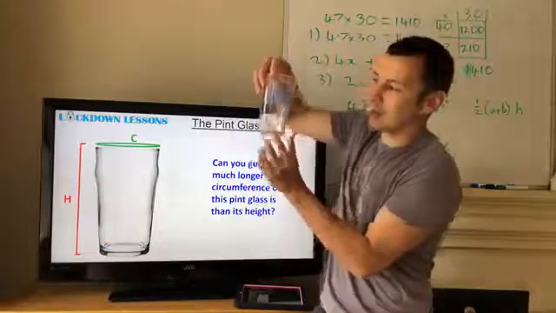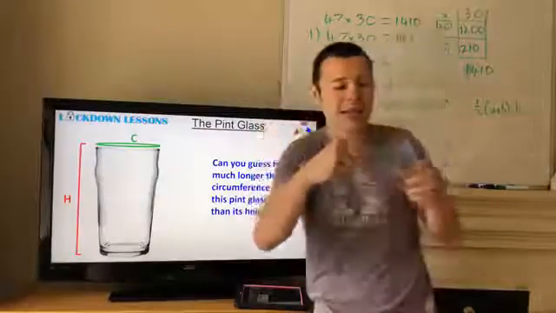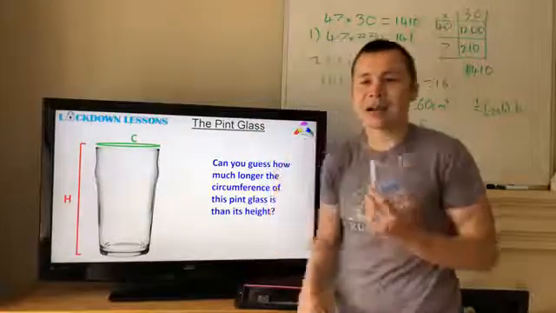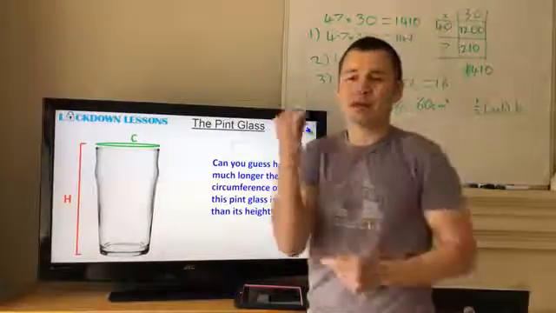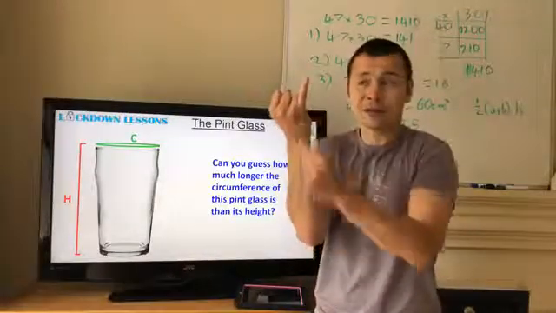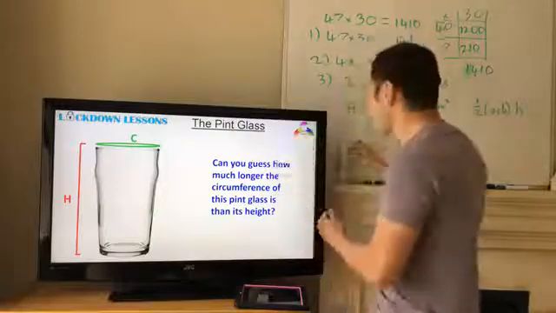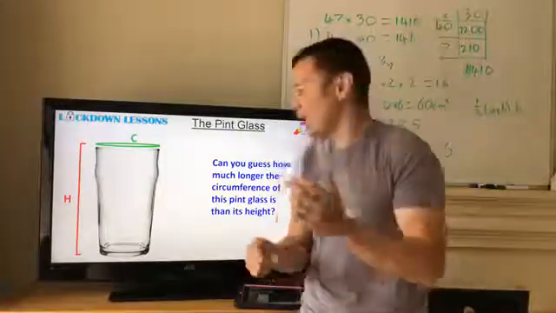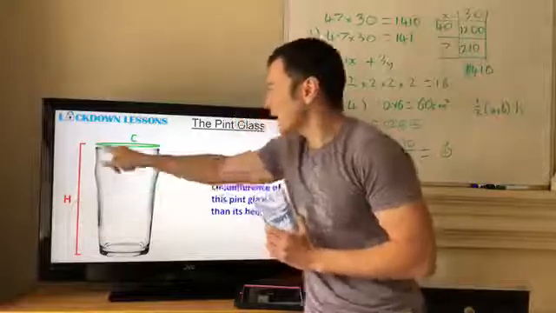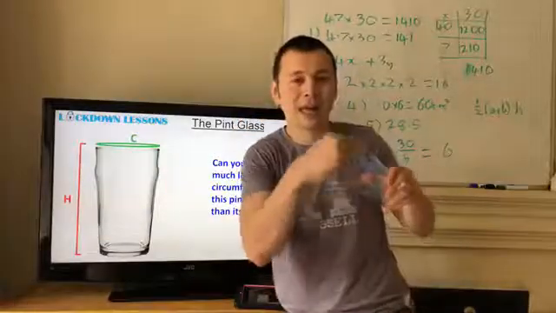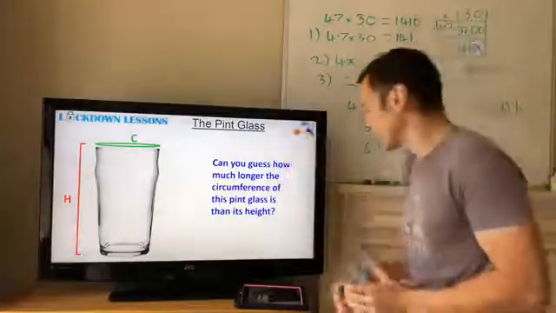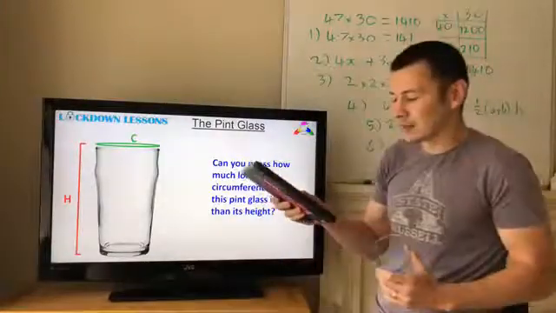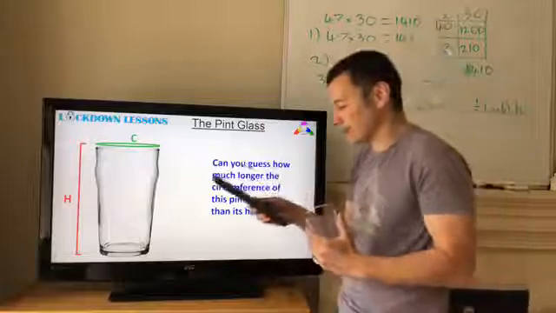So how much longer is the height from there to there than the circumference round the outside, in centimetres? Remember, a centimetre is about the width of your little finger. That's about a centimetre there, from there to there. So how many centimetres taller is the height than the distance round the rim there, the circumference of the top on a pint glass? So post your answers in the chat. Let's see who can get the closest to that.